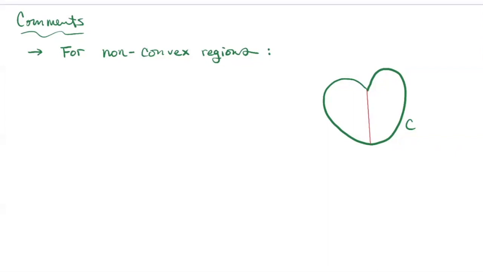So like this segment, both of these points are in C, but the line segment from one point to the other is not completely contained in C, and that's what it means to not be convex.